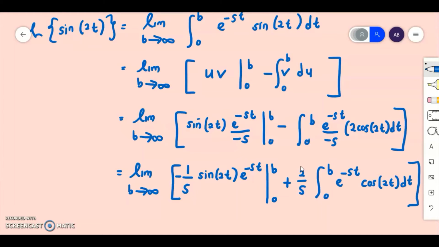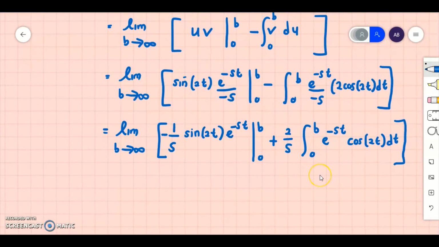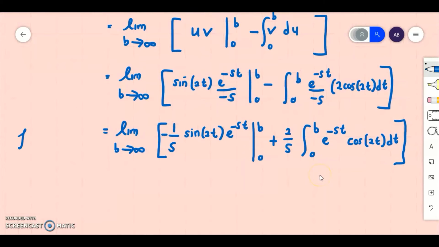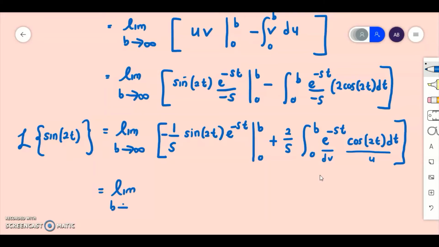Okay, so you have to apply the integration by parts one more time. So what happened here? Now I can set again, same thing. This is my u, this is my dv by integration by parts. So limit b approach infinity, I have negative 1 over s sine 2t exponent negative st from 0 to b, plus 2 over s.